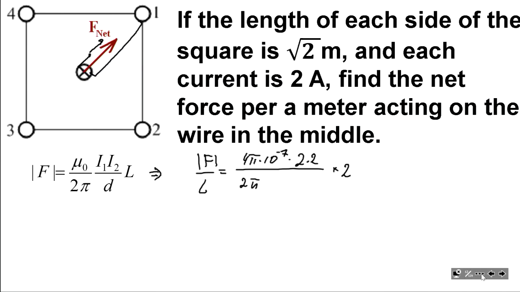Now, the distance. The length of each side of this square. What a weird number. Why would people do that? No, we cannot call it L. We can call it A, and that equals square root of 2.